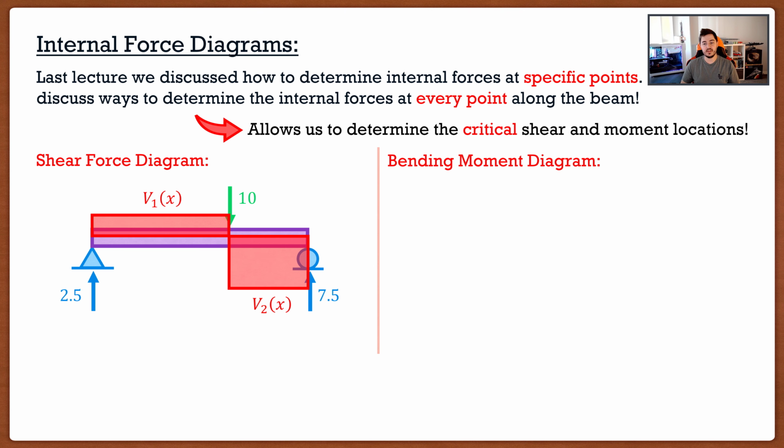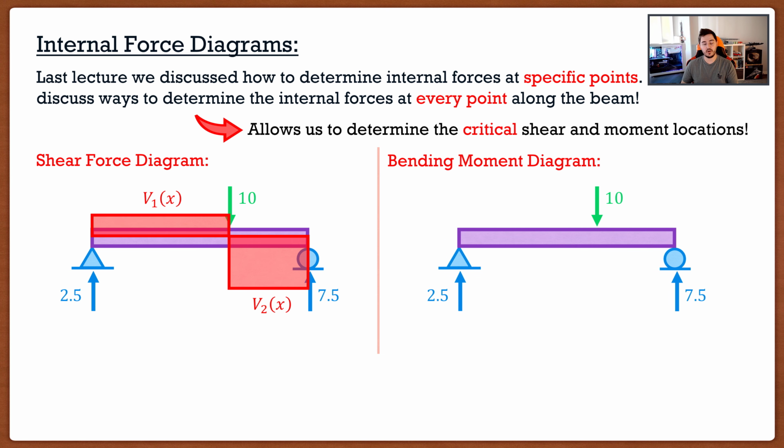And we are going to do the exact same thing for what we call the bending moment diagram. We are going to take our beam and figure out that our bending moment is going to look something like this. Again, this is the distribution of bending moment throughout our diagram. It looks a little bit complex, but as you guys are going to see, it's incredibly easy to do.